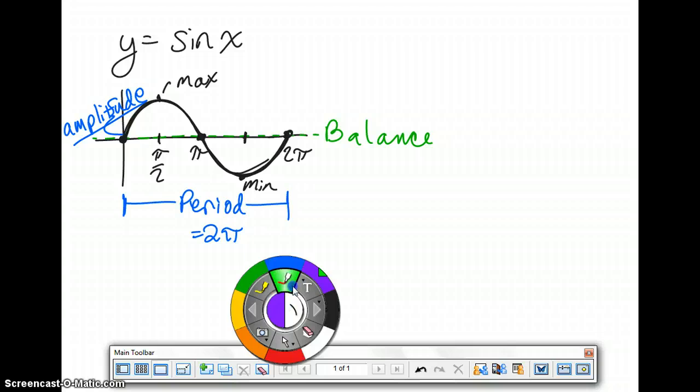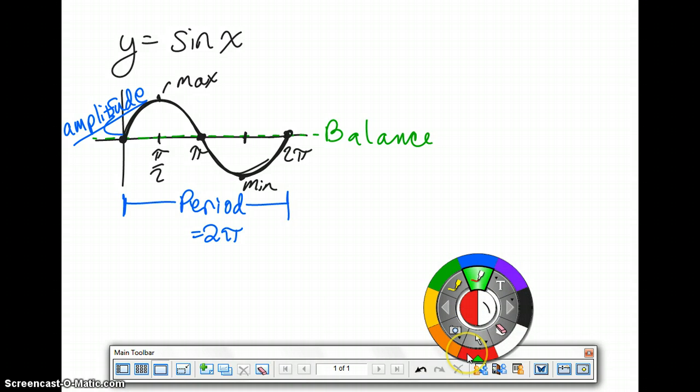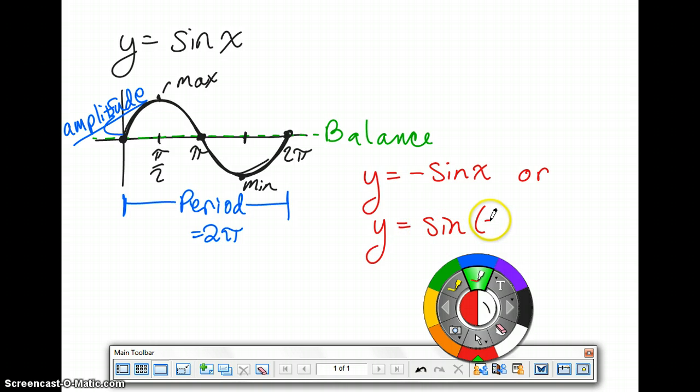So if we go ahead and do, I'll use red, y equals negative sine of x, or if we have y equals sine of negative x, it really does the same thing that a parabola did. If you think back, a parabola, positive x squared, opened up.